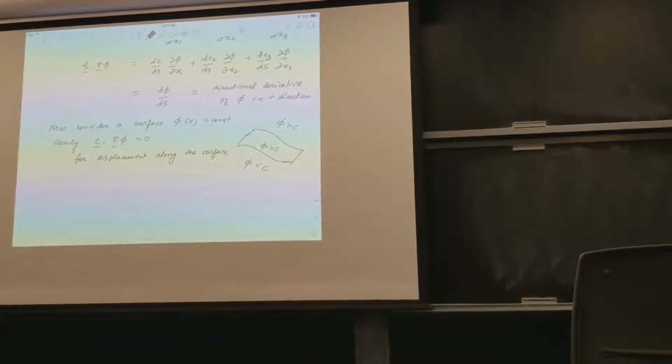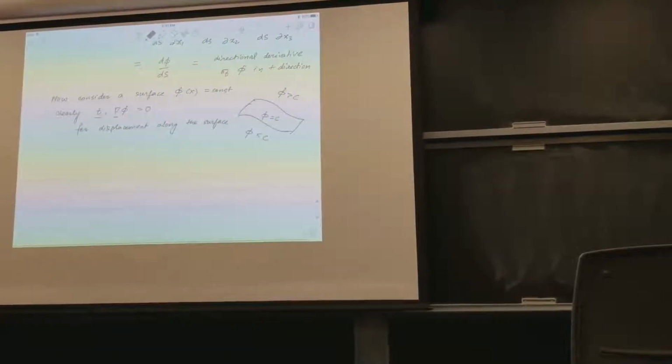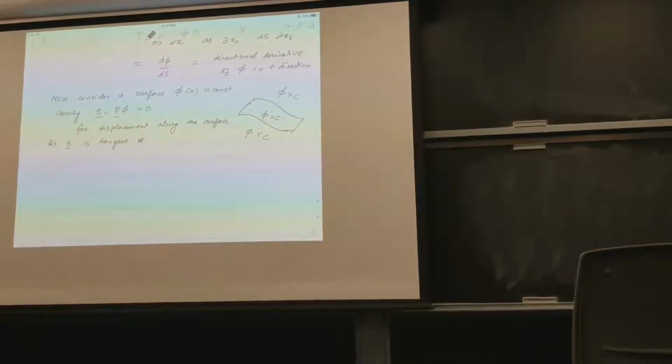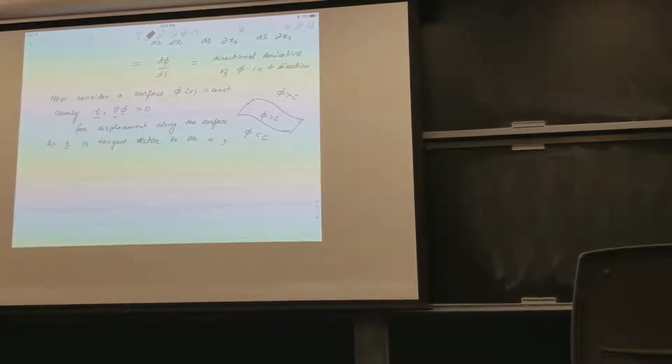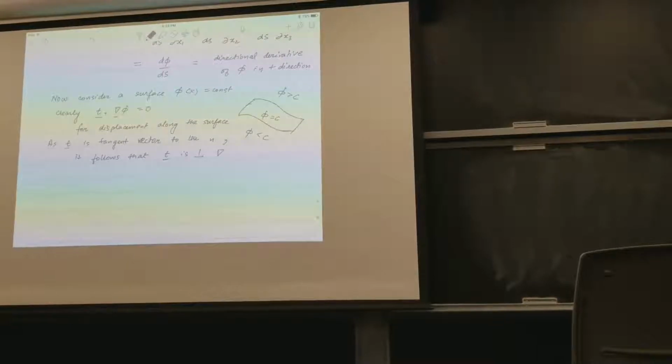And what this implies, as t is a tangent vector to the surface, it follows that t is perpendicular to the gradient of phi.